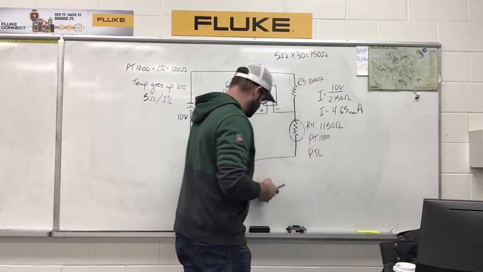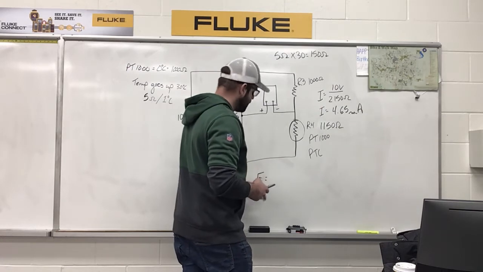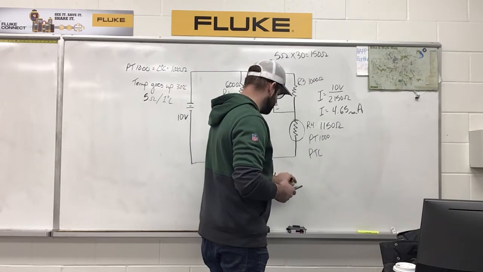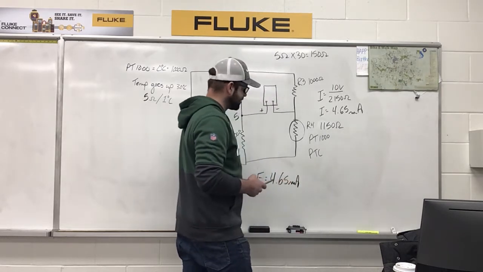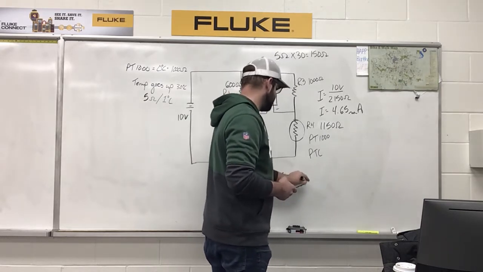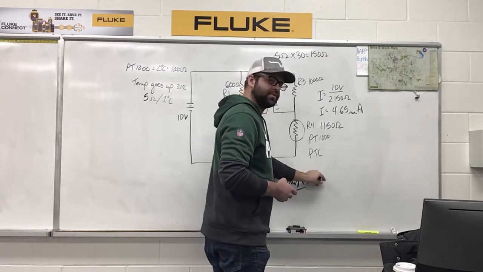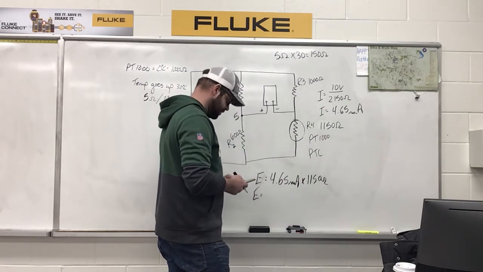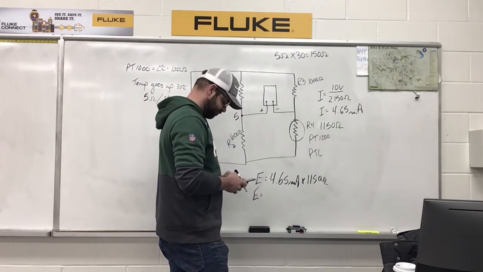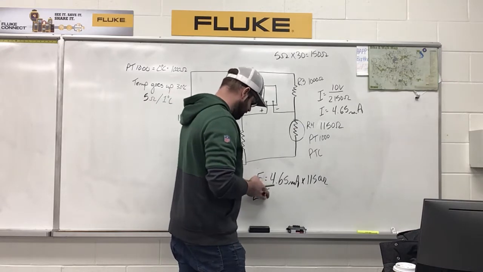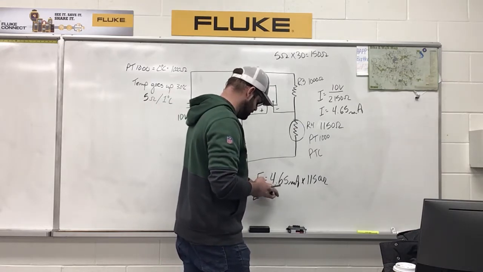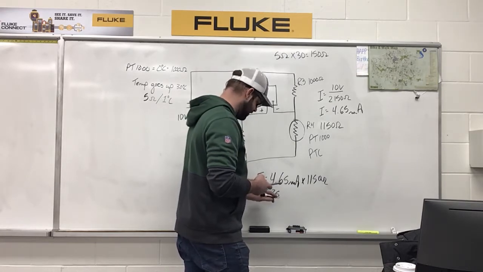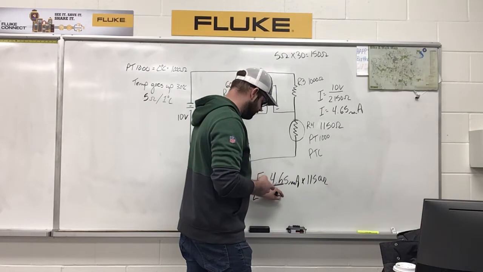So we have our current, and current times resistance, as you know, gives voltage. So 4.65 milliamps times 1,150 ohms gives us 5.35, yeah, let's round up, 5.35 volts.